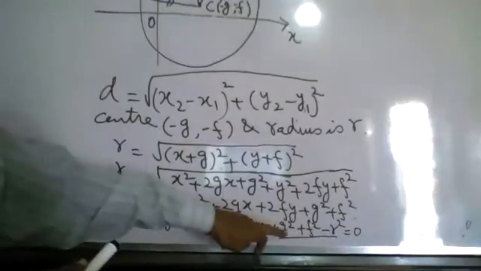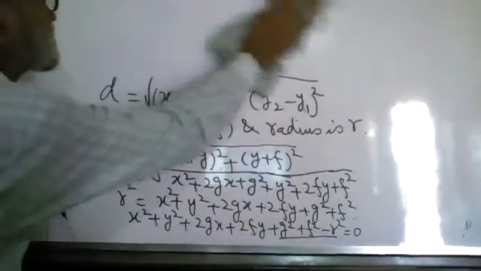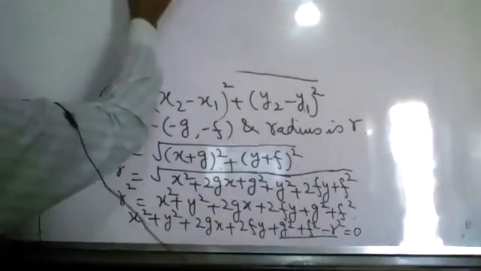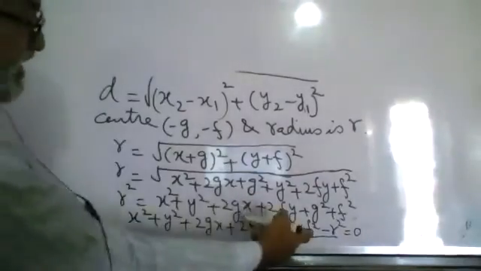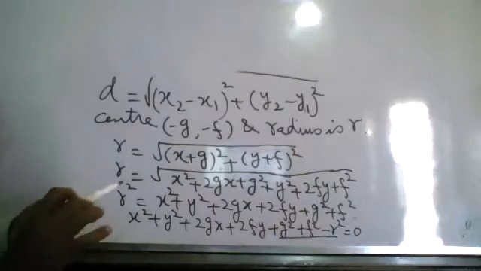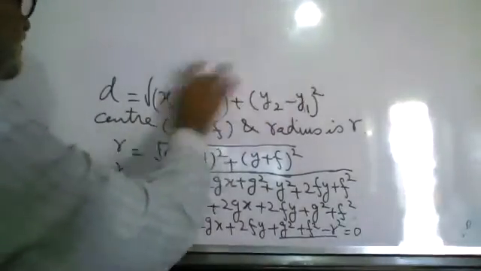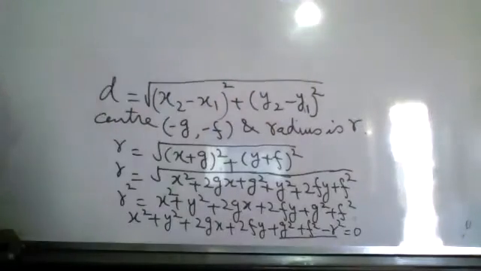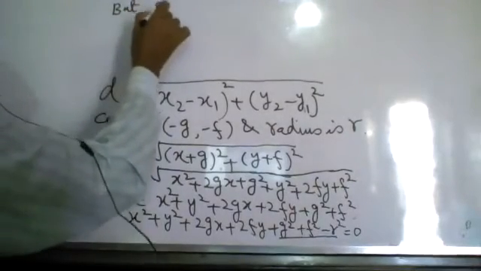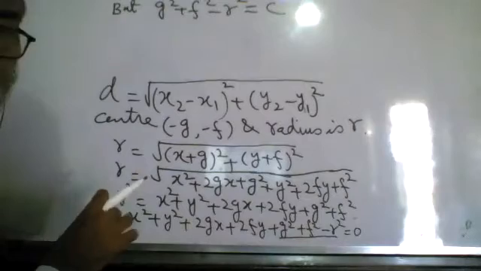So we will replace it by c. We suppose that g square plus f square minus r square is equal to c.